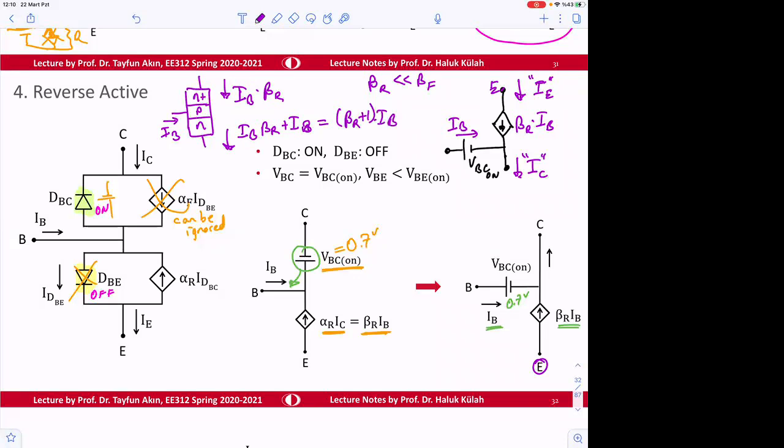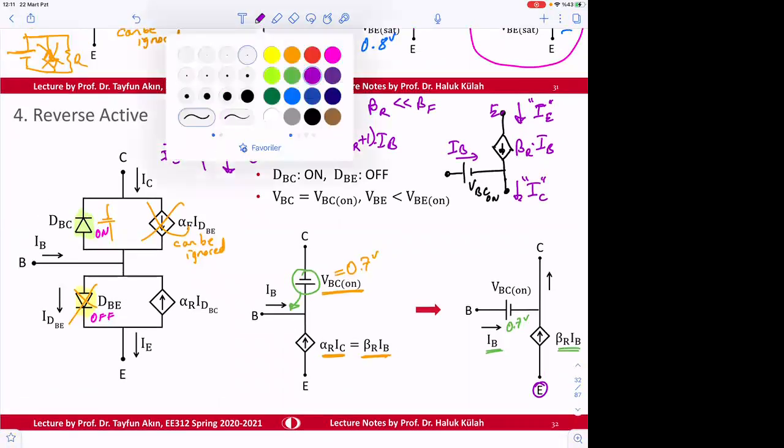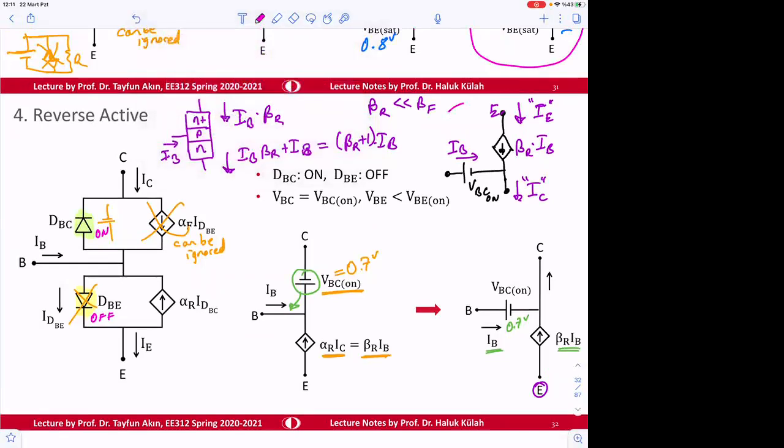So it will be more convenient to use this way, and then we will not be confused. So when you look at the element and device, this is going to be the model that we will be using. Any question?